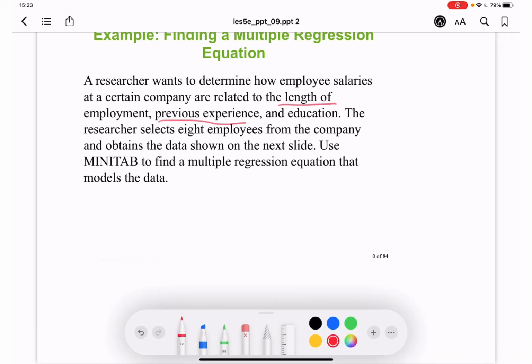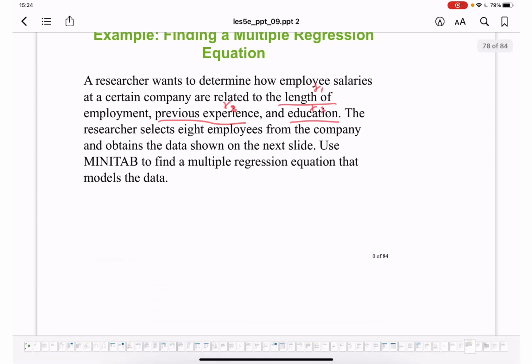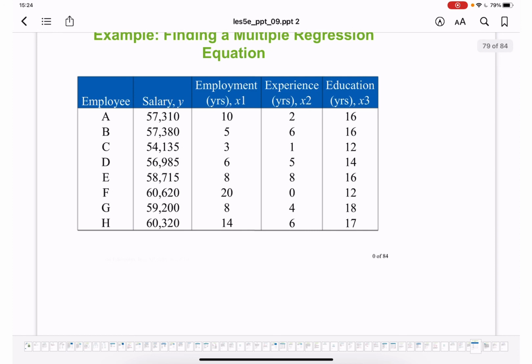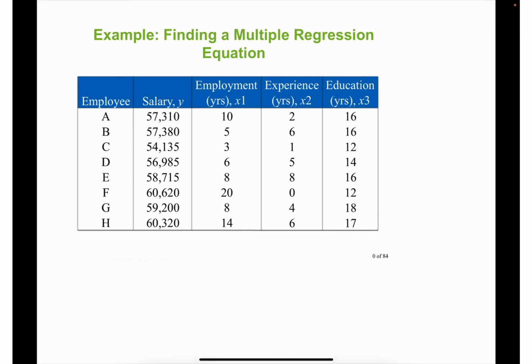So length, previous experience, and education. I see here x1, x2, x3, three independent variables. The researcher selects 8 employees from the company, it's a sample size n, and obtains data shown on the next slide. Okay, here they are using Minitab, we are not using it because our software is StatCrunch.